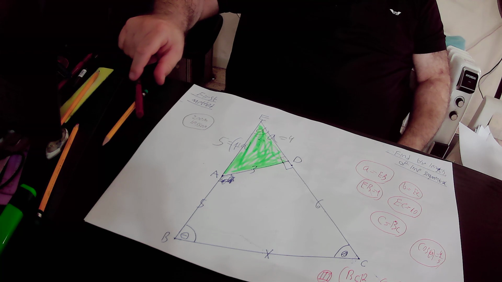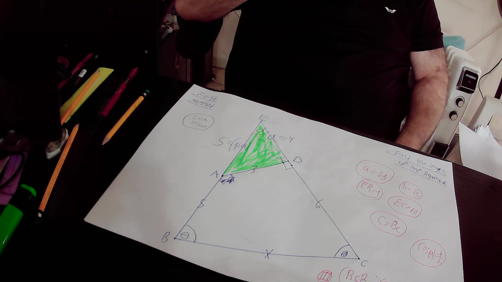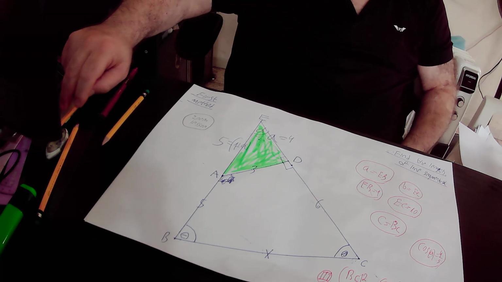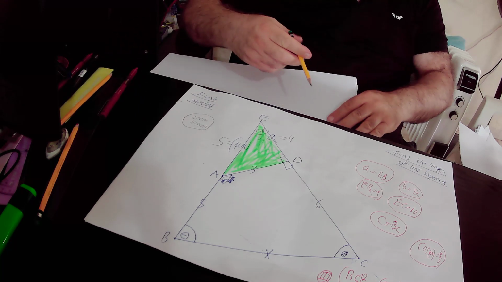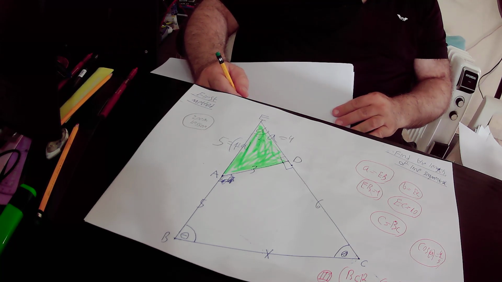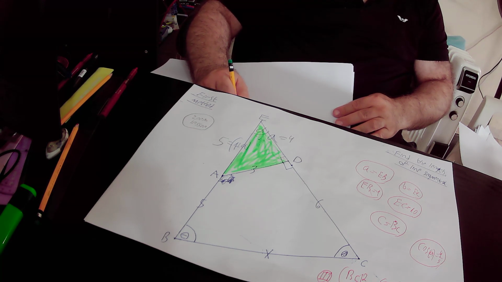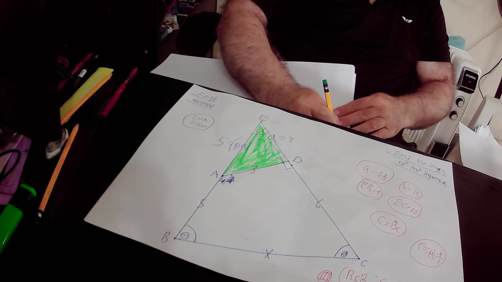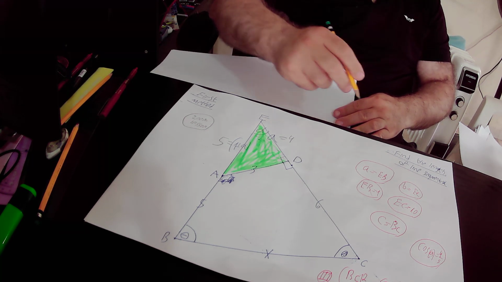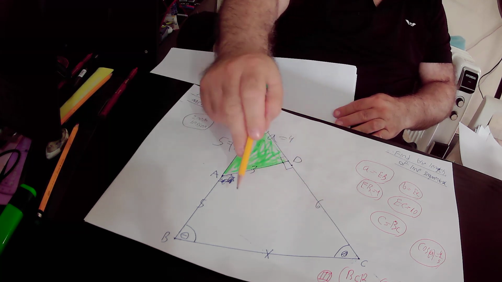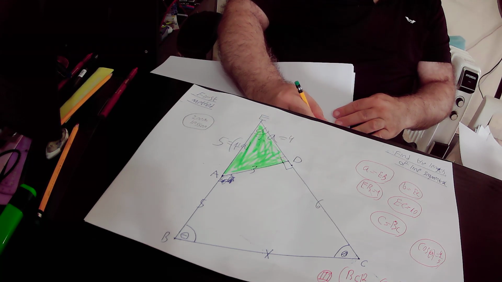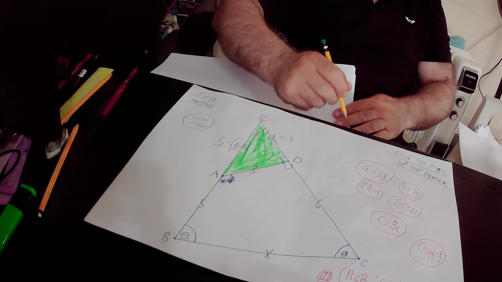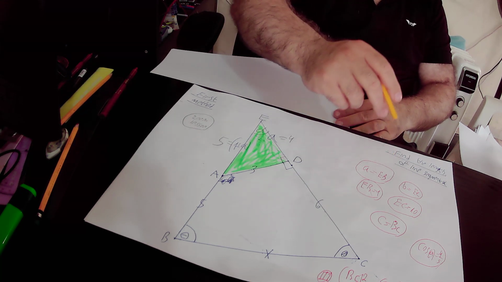So according to equation number 3, we get that BC squared, BC equals x, so BC squared is x squared, and it is equal to EB squared.